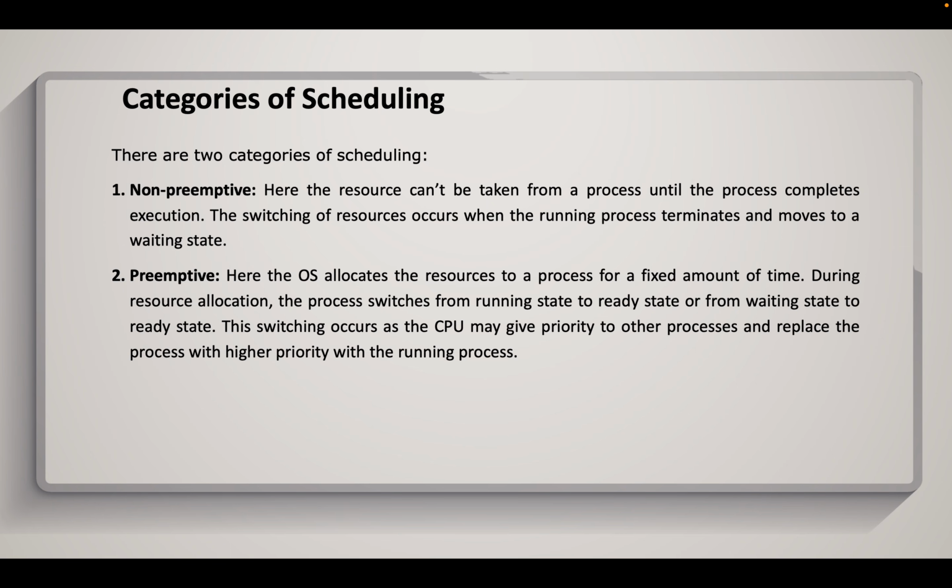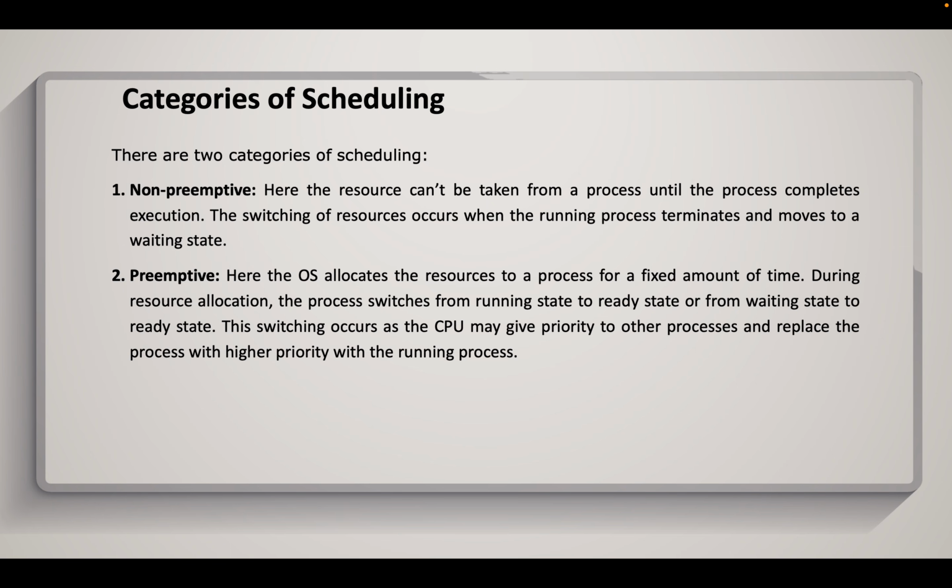There are different categories of scheduling, based on the way of context switch. We can classify scheduling into two: non-preemptive and preemptive. If a process is running in the CPU and a higher priority process comes, the running process will be removed from the CPU.